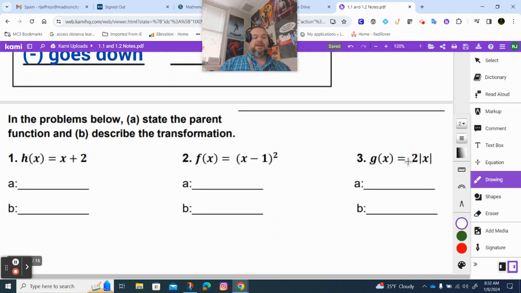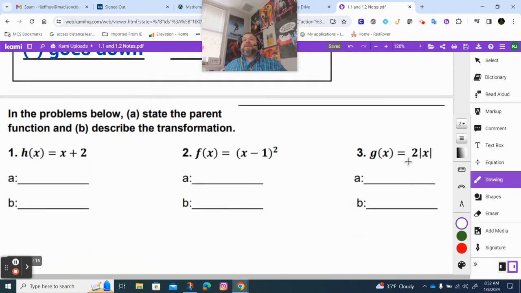Okay. So this is actually how it's going to look on your test. This section of your notes is very similar to this section of your test. All right. So let's go through. Part A says, state the parent function.